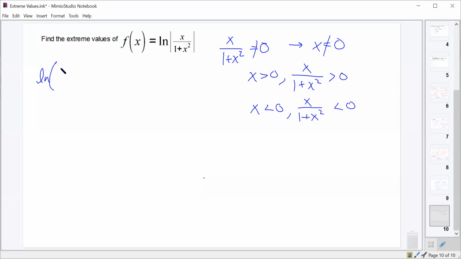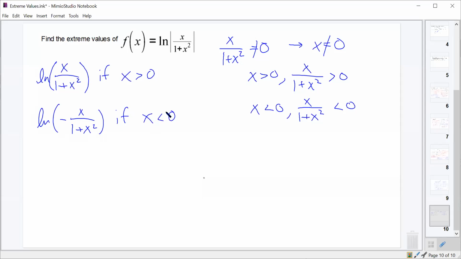So really, this function should look like natural log of x over 1 plus x squared without the absolute value, if x is greater than 0, and natural log of the opposite of that, if x is less than 0. And we're not too concerned about x equaling 0, right? Because we know that's not in our domain. True?